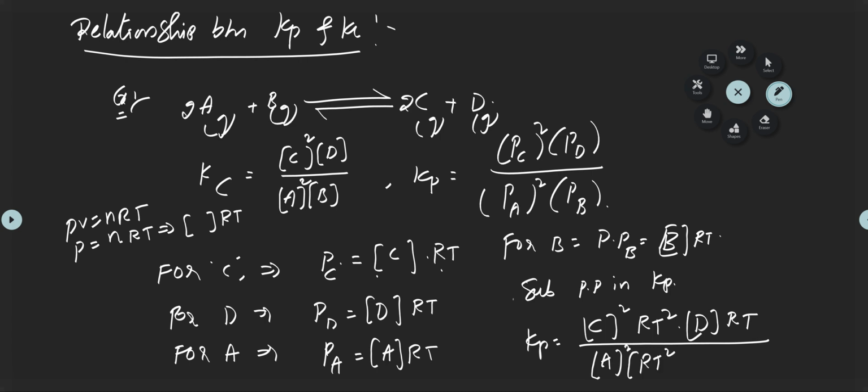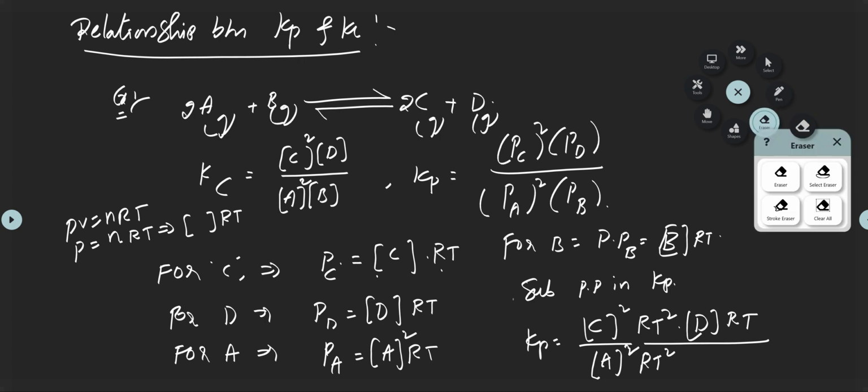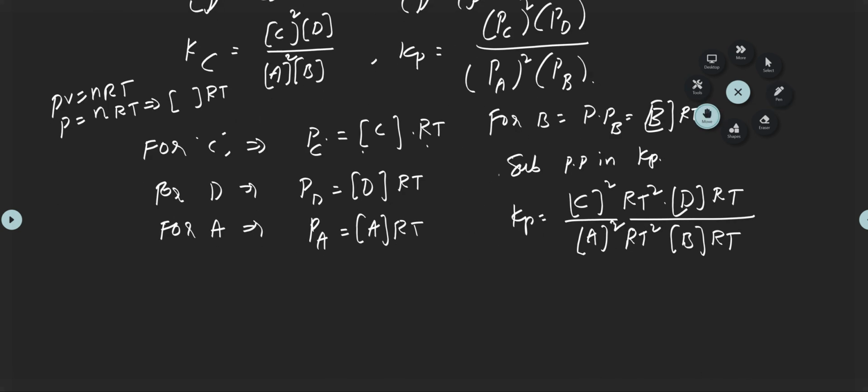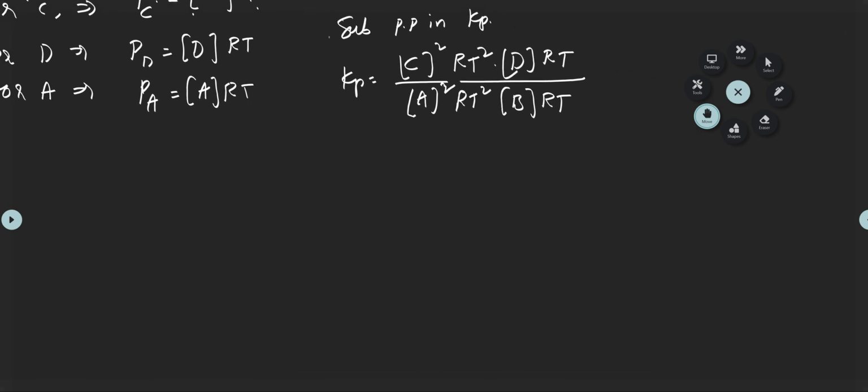This is concentration of A square. So next one is partial pressure of B, so it will be concentration of B into RT. Then separate RT.